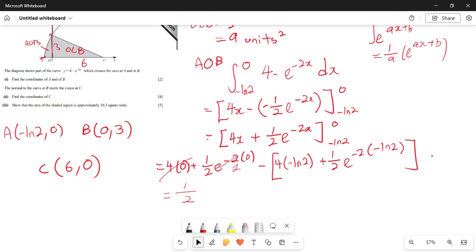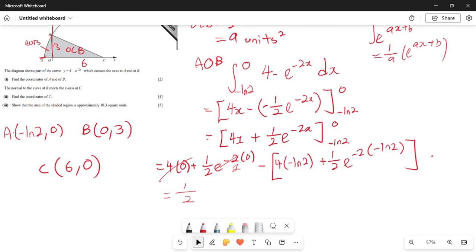Plus 1 over 2 e negative 2 times negative ln 2, then you have the bracket.